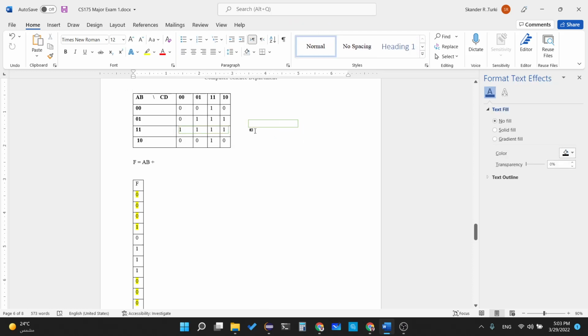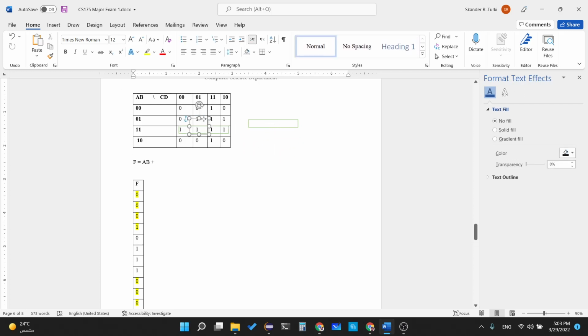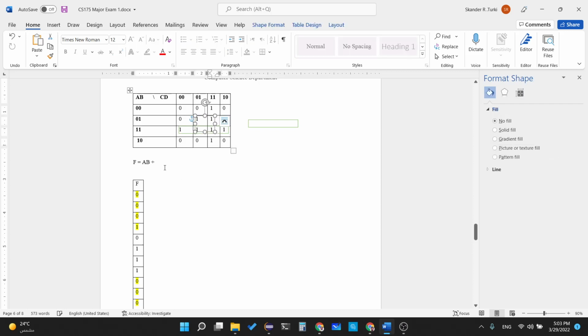What else? For this one here, we can take this square, no other choice, and you have to take that square. Is it okay? Yes.